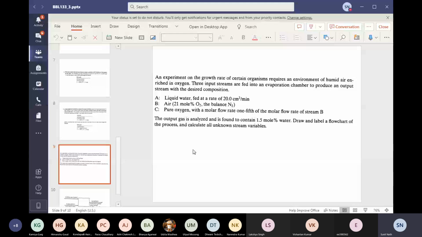But now the number of streams is more than earlier. The unit is still the same, one single dehumidification chamber, but the number of streams has increased. So first label those, just draw those streams.